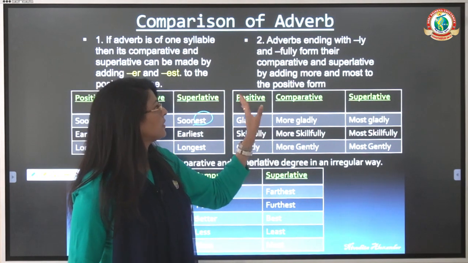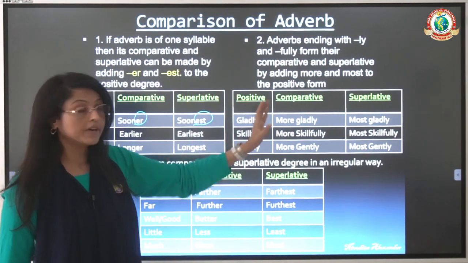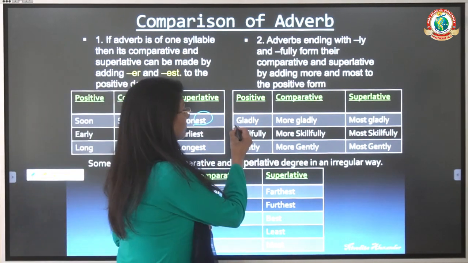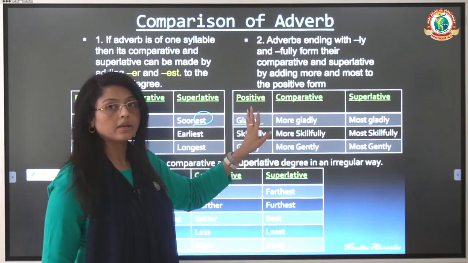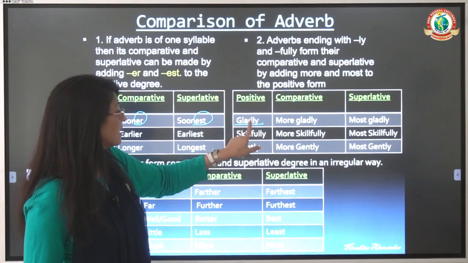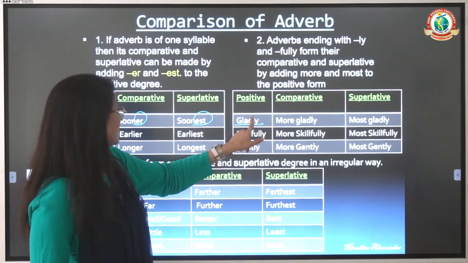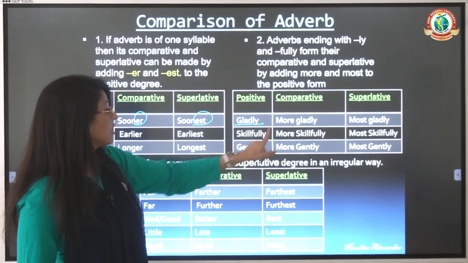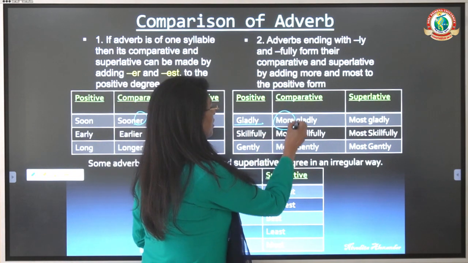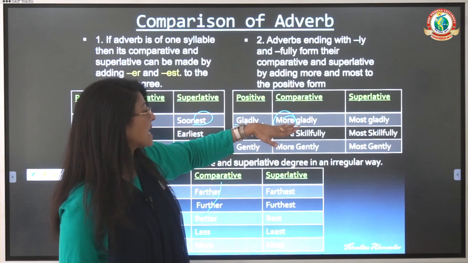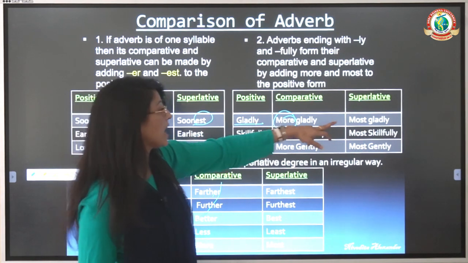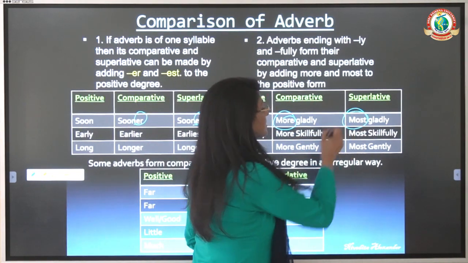Another way of comparison of adverbs is with the verb or an adjective. Okay, these are the adverbs. Whenever you add ly, this becomes an adverb. For the comparative degree, you add more as a prefix, and most for the superlative degree.